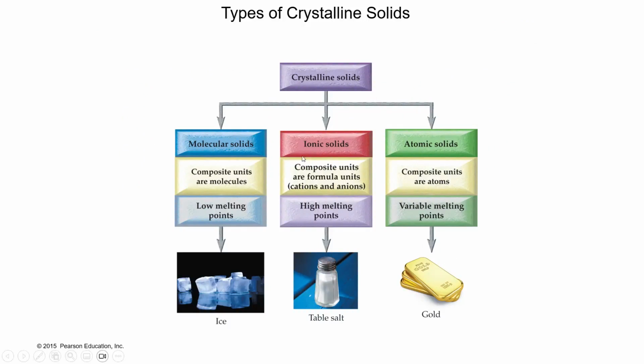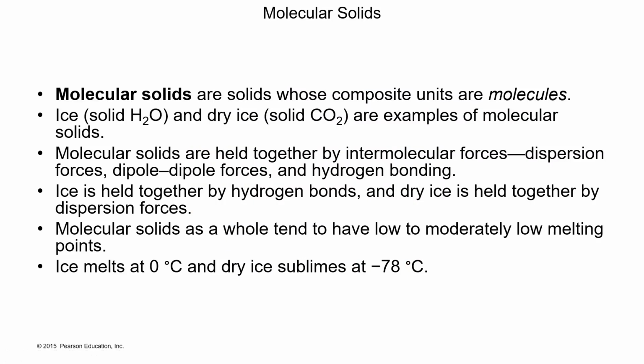Crystalline solids can be molecular, where the composite units are molecules, and they have low melting points. Ionic, where the composite units are formula units, cations and anions, and they have high melting points. Or atomic solids, where the composite units are atoms, with variable melting points. So molecular solids are those whose composite units are molecules.